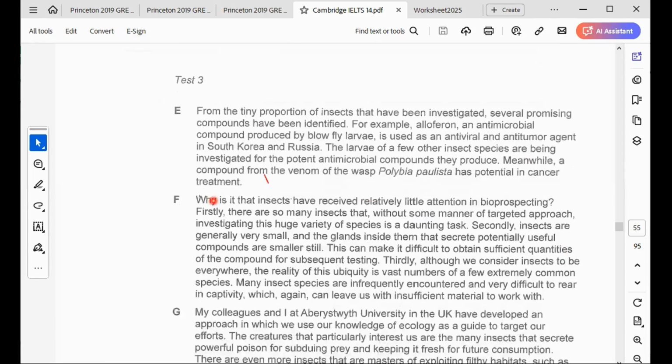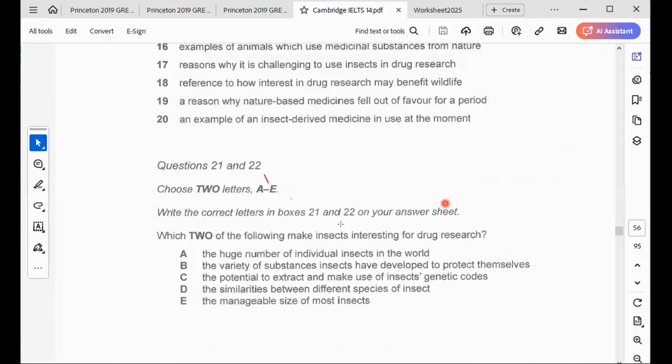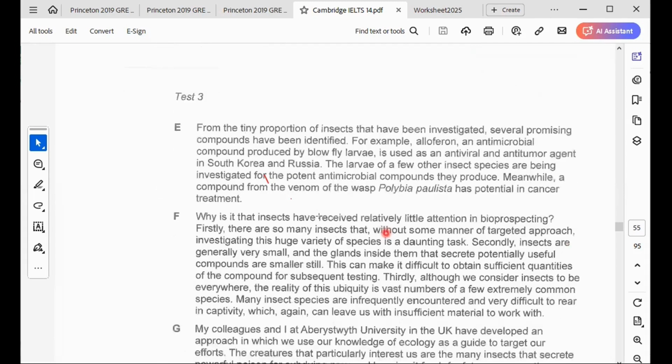From the tiny proportions of insects that have been investigated, okay? Yes, paragraph F, why is it that insects have received relatively little attention? Little attention. Hold on. That question says, which two of the following make insects interesting? Insects have received little attention. That question is saying they have received plenty of attention.